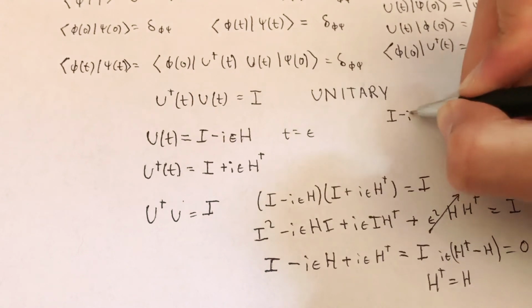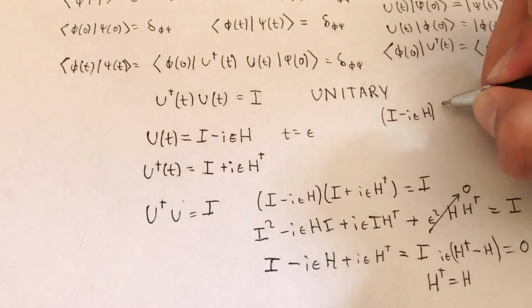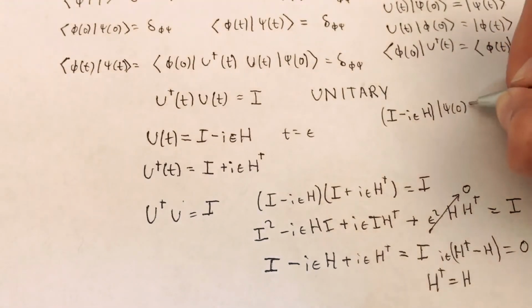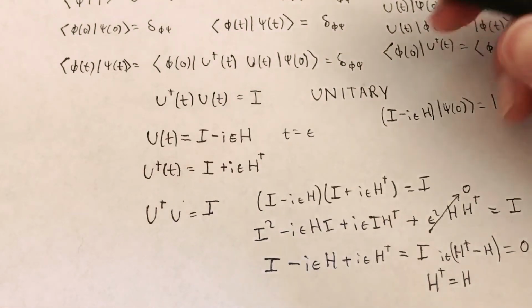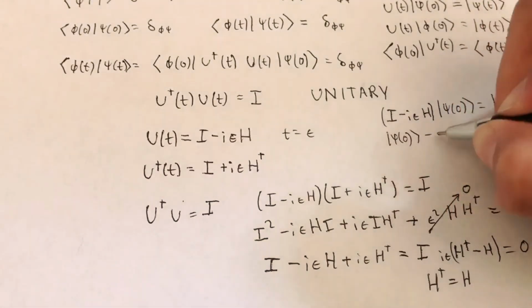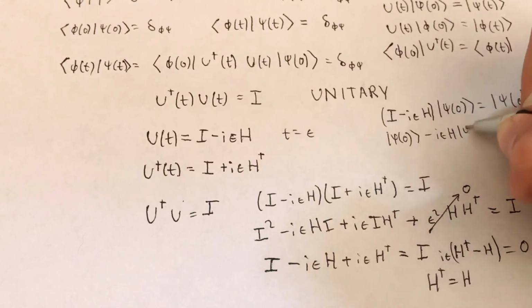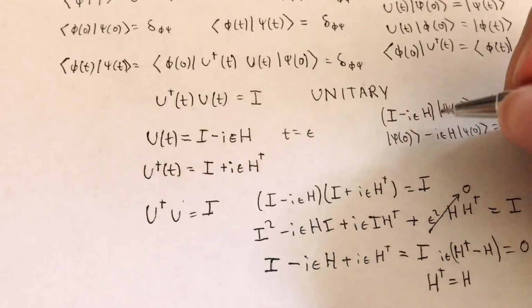I minus i epsilon H, which is the unitary operator, multiplied by psi of 0 equals psi at epsilon. If we expand this out, we know that psi of 0 minus i epsilon H psi of 0 is equal to psi at epsilon.